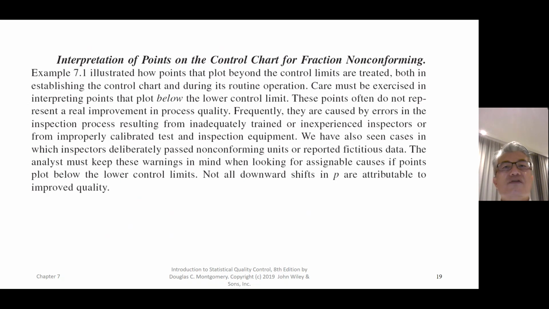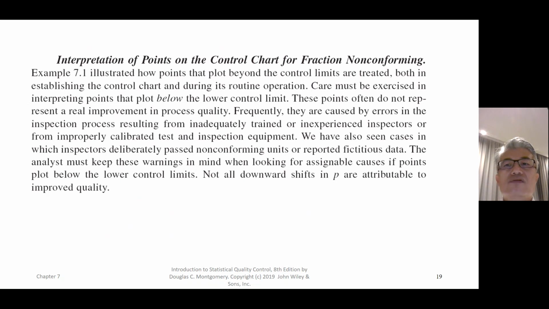What does it improve? Frequently, they are caused by errors in the inspection process resulting from inadequately trained or inexperienced inspectors or operators, or from improperly calibrated test or inspection equipment.